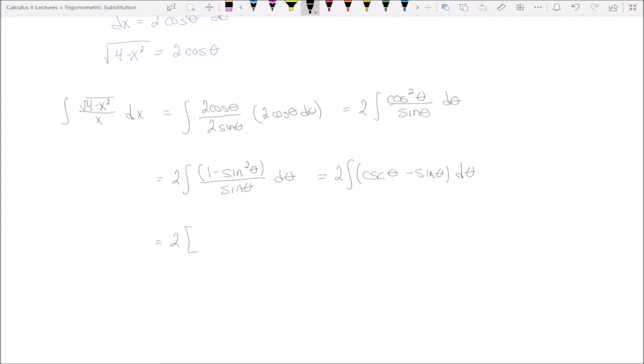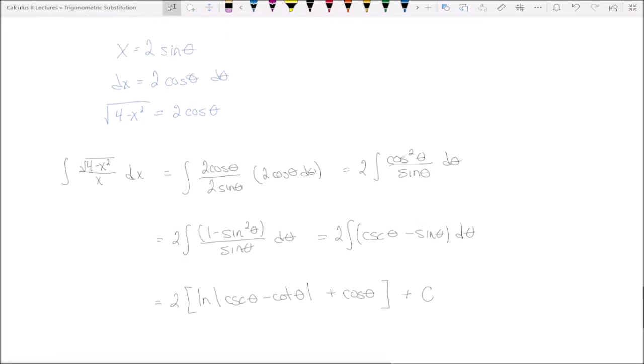The antiderivative of cosecant theta is the natural log of the absolute value of cosecant minus cotangent. The antiderivative of sine is negative cosine, so we get plus cosine of theta, and then plus a constant. What we have to do is write this now in terms of x. Well, we know how to write cosine of theta.